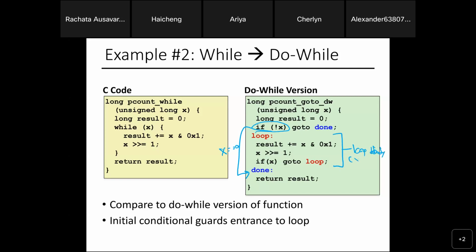How does the loop exactly work in this case? X is the unsigned binary number, your input. It's the input to the function that you want to do population count on, the number you want to count how many ones are in its binary representation. So when does it stop?